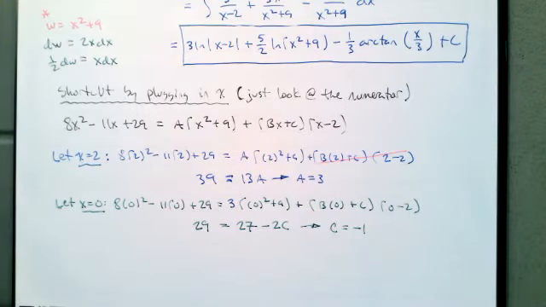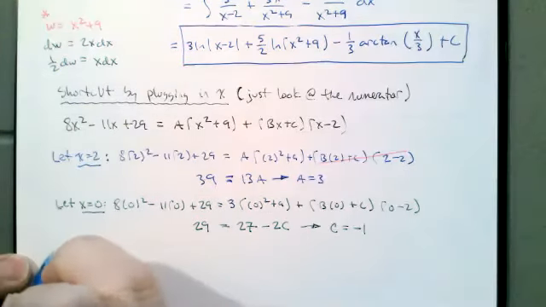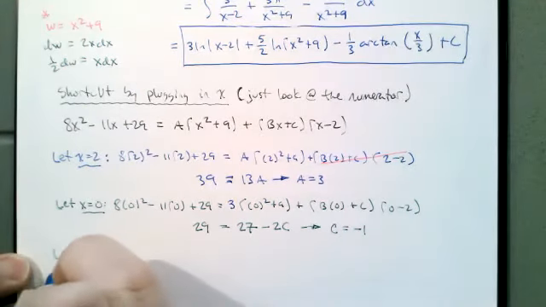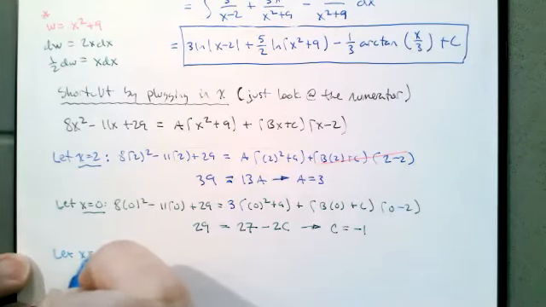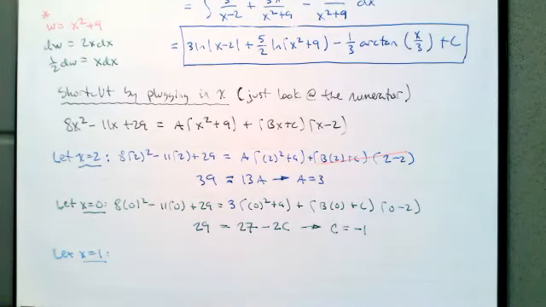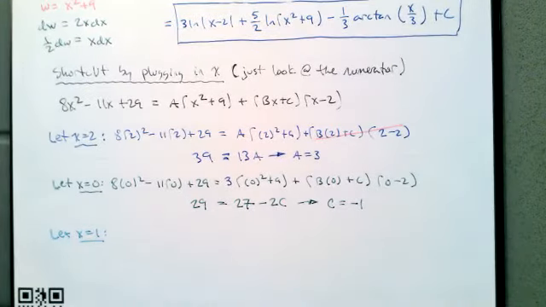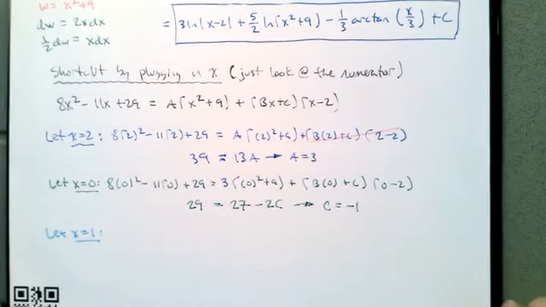Then I've got to solve for b. I don't really have a convenient value, but I have a and c already, so I can pick anything else. I didn't have a convenient choice for this last x, so I just need to pick anything I want.